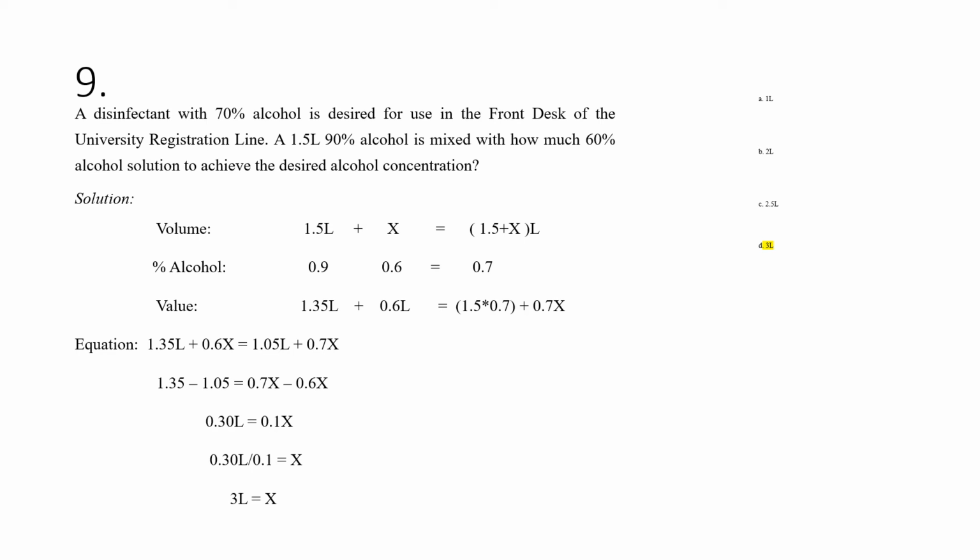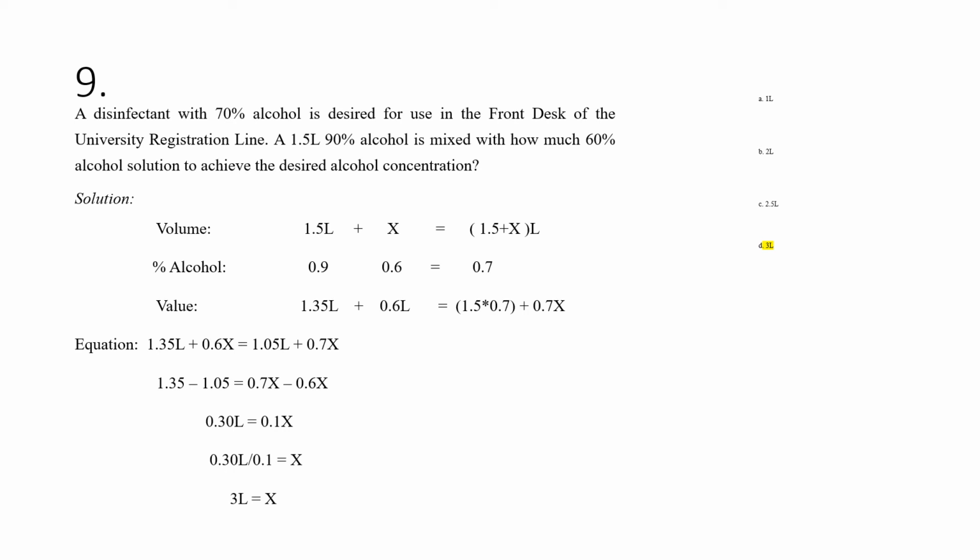The unknown 60% alcohol solution we will represent as X. The total volume of this mixture will be 1.5 liters plus X liters, and the resulting volume will have 0.7, or 70%, alcohol.